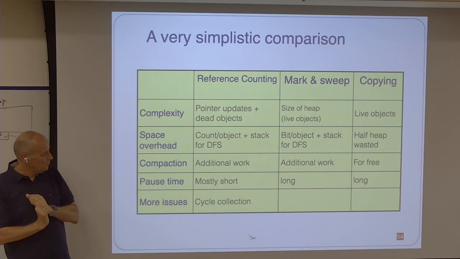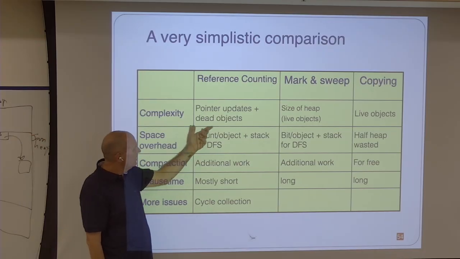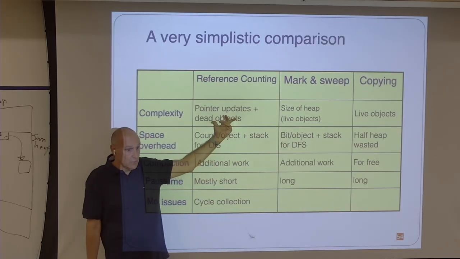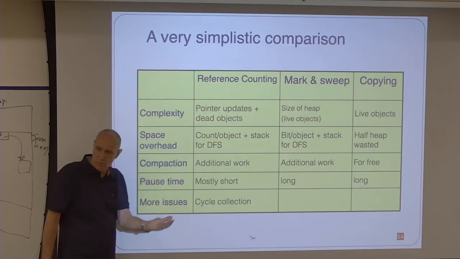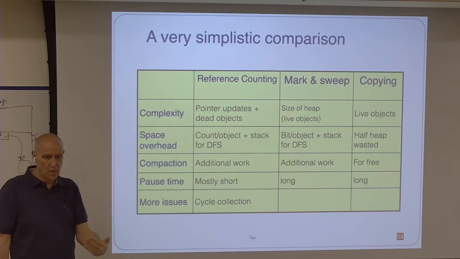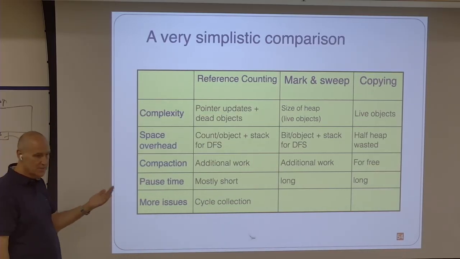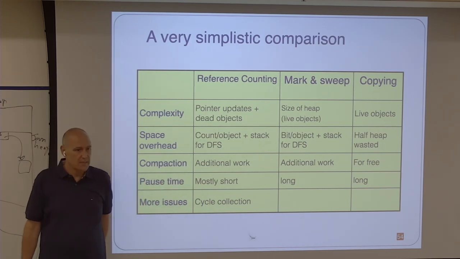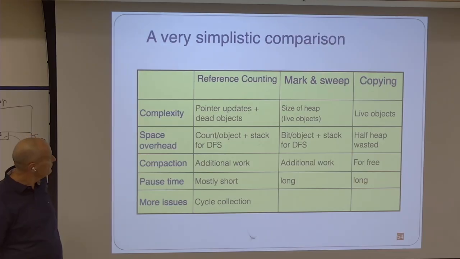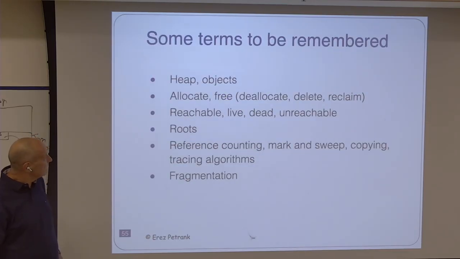So I'm not going to go over it. You'll have it in your slides. You know, what's the complexity of doing each of these algorithms? It will change as we go to more involved algorithms. And so I don't want to spend too much time on this, but you have this simplistic comparison if you want in the slides.